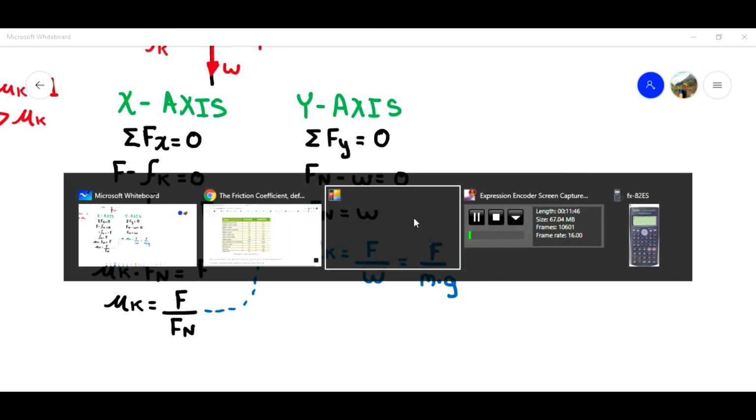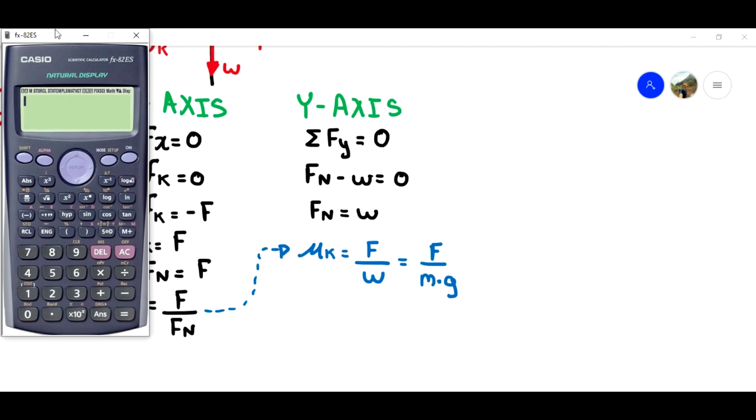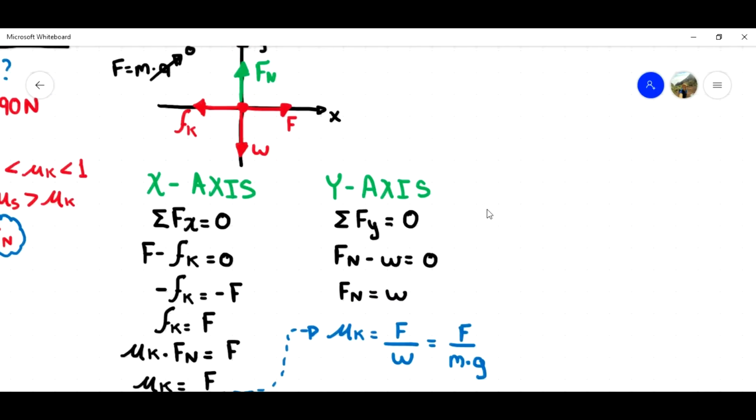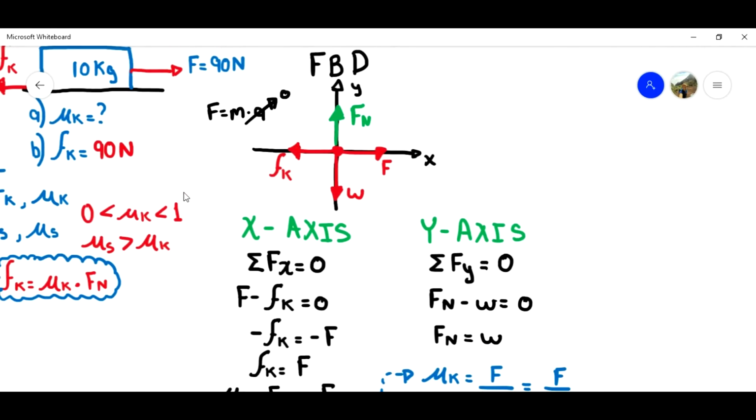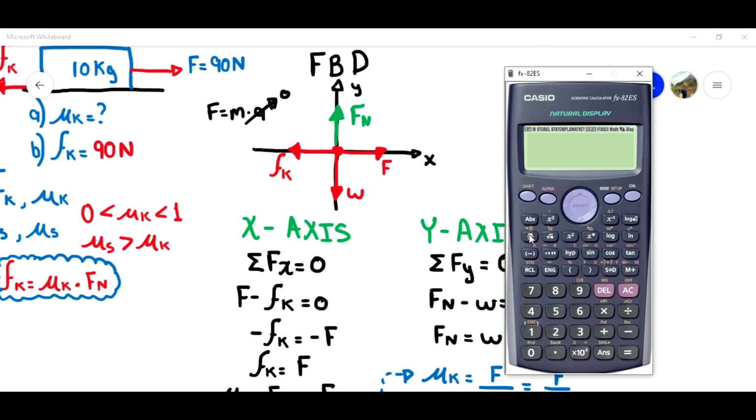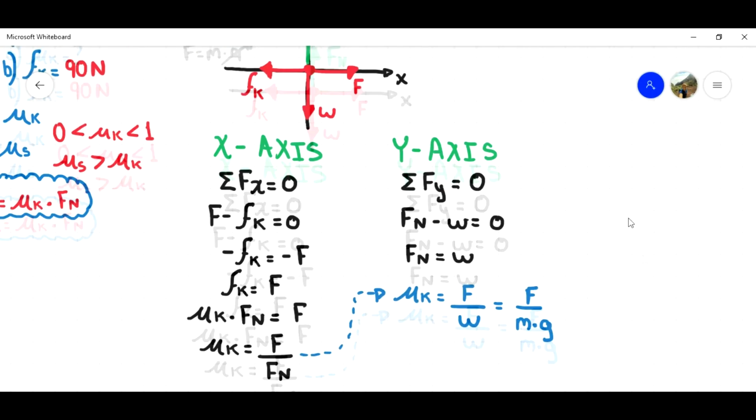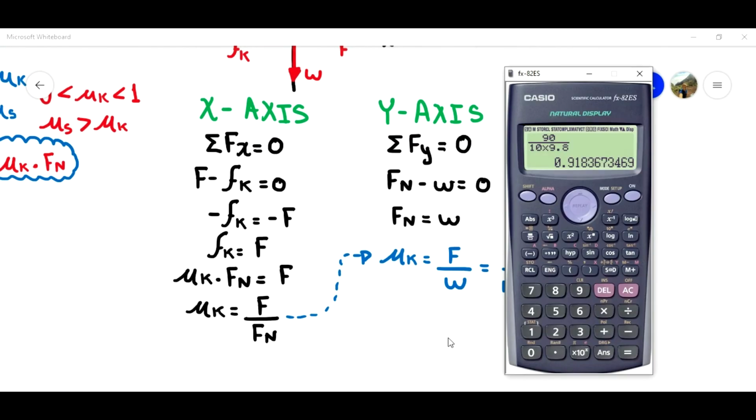So let's get the calculator in order to find it. The force is 90, fraction 90 over mass times acceleration. Okay, so equals, how much is that? Okay, that is the coefficient of the friction force.